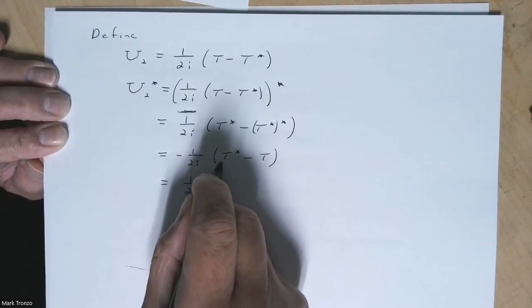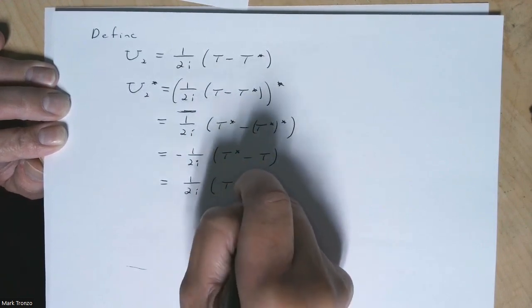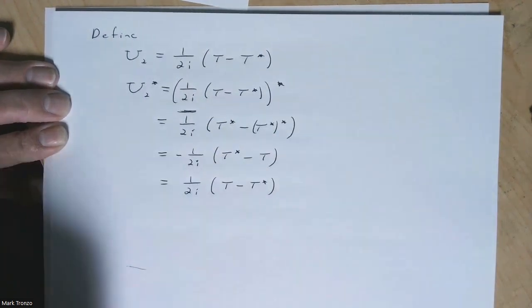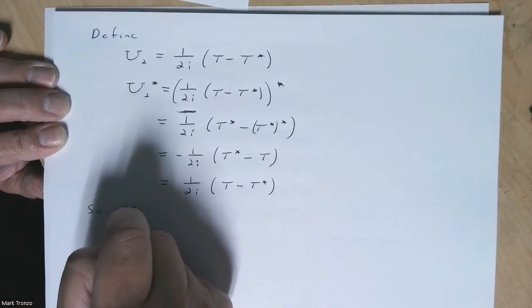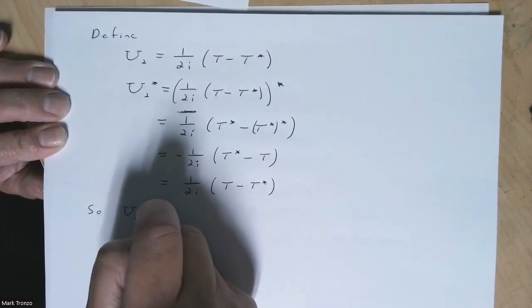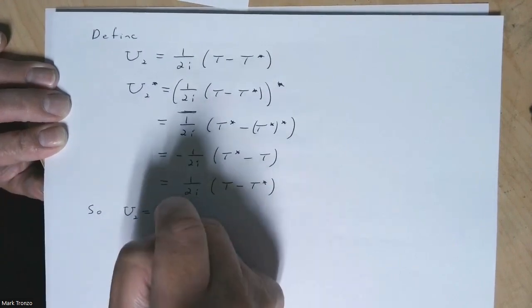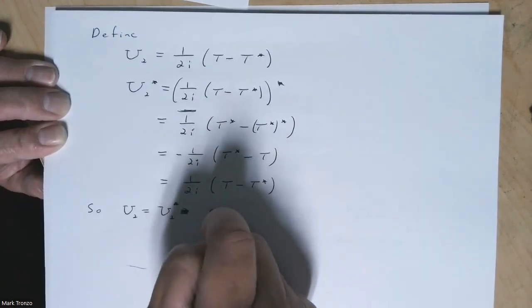So we'll have negative of the adjoint and positive T. So u2 is equal to its adjoint.